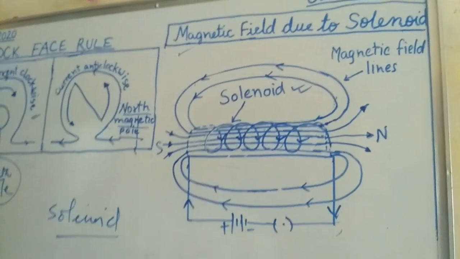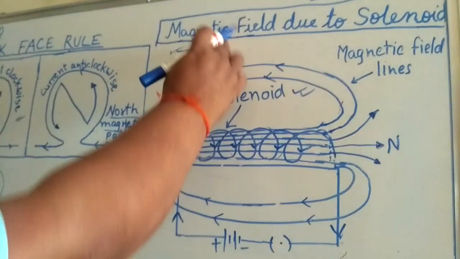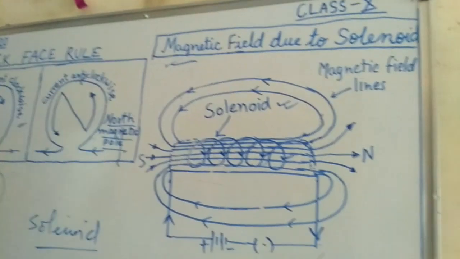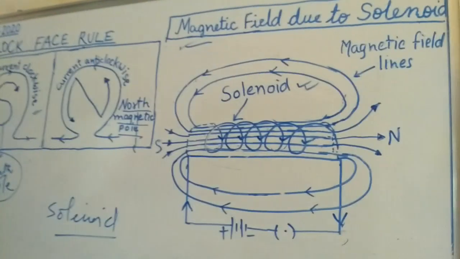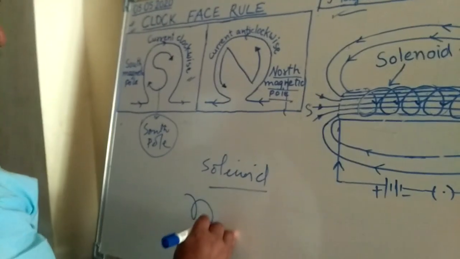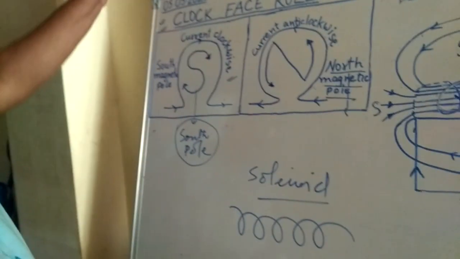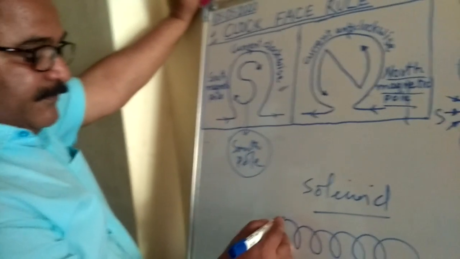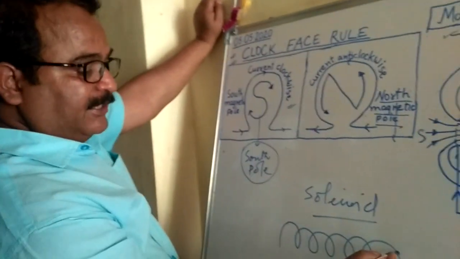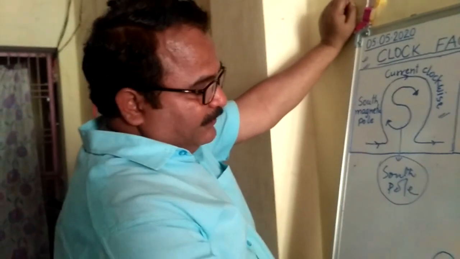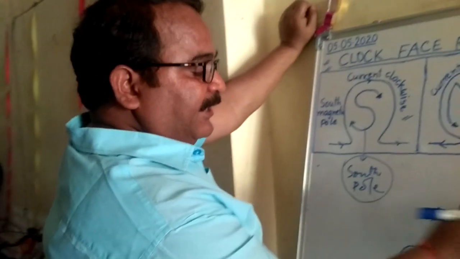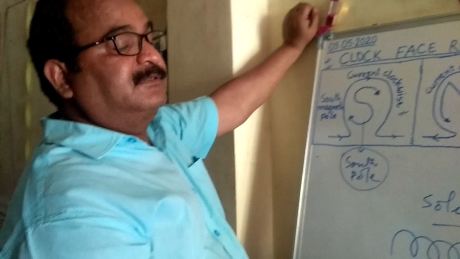The behavior of the magnetic field lines in a bar magnet is similar to that in a solenoid. A solenoid is simply a wire coiled into a cylindrical form, but when current flows in it, it also behaves like a magnet.